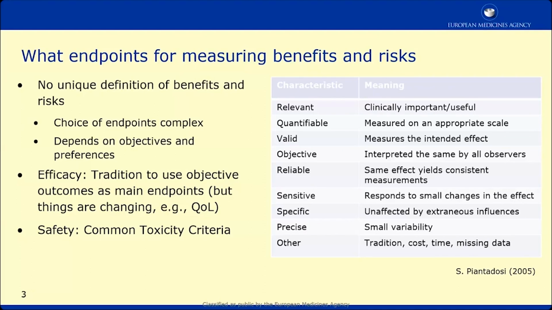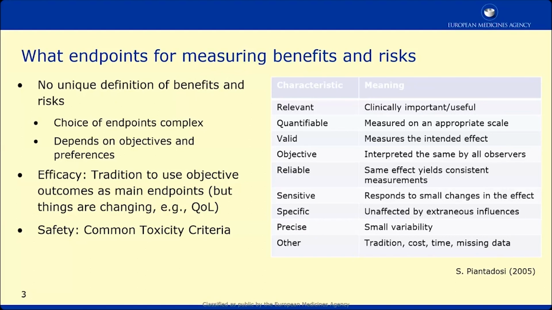We are often inclined to repeat things for many reasons, but in clinical research, obviously, it's also advantageous because then you can compare indirectly, and there are other considerations like cost, time, missing data.